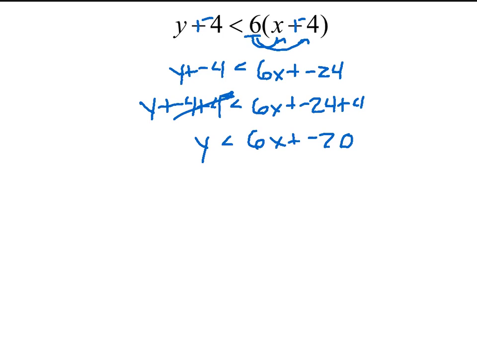I'm going to go back through my work because I know this is the most important part. The different thing about this, looking at that key point, is knowing whether we need to flip or not. I'm going to go back through my work and make sure I didn't do any multiplications or divisions by negatives. And I see that I didn't. So I definitely should still have the inequality symbol going the same way.